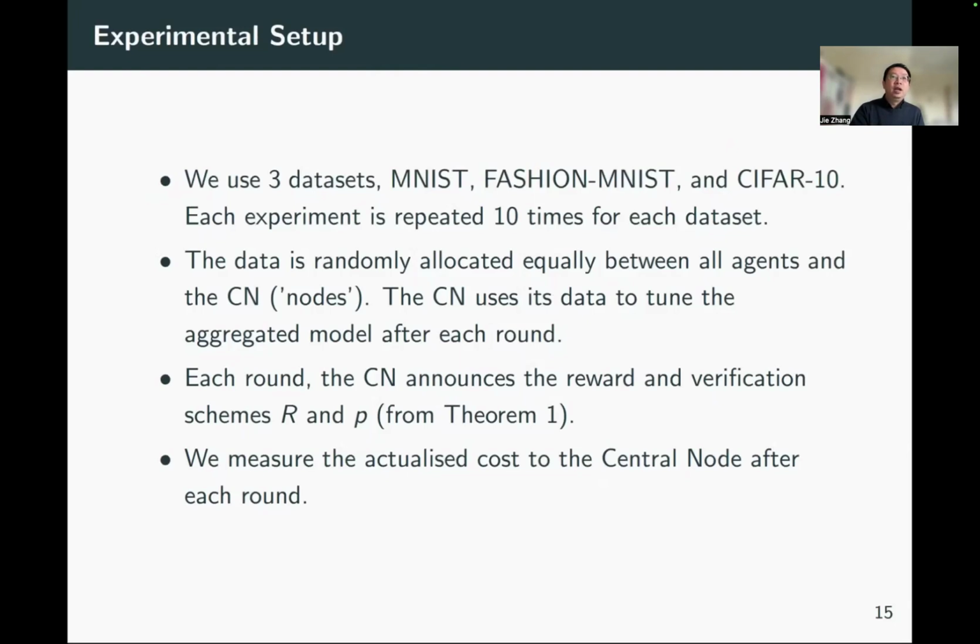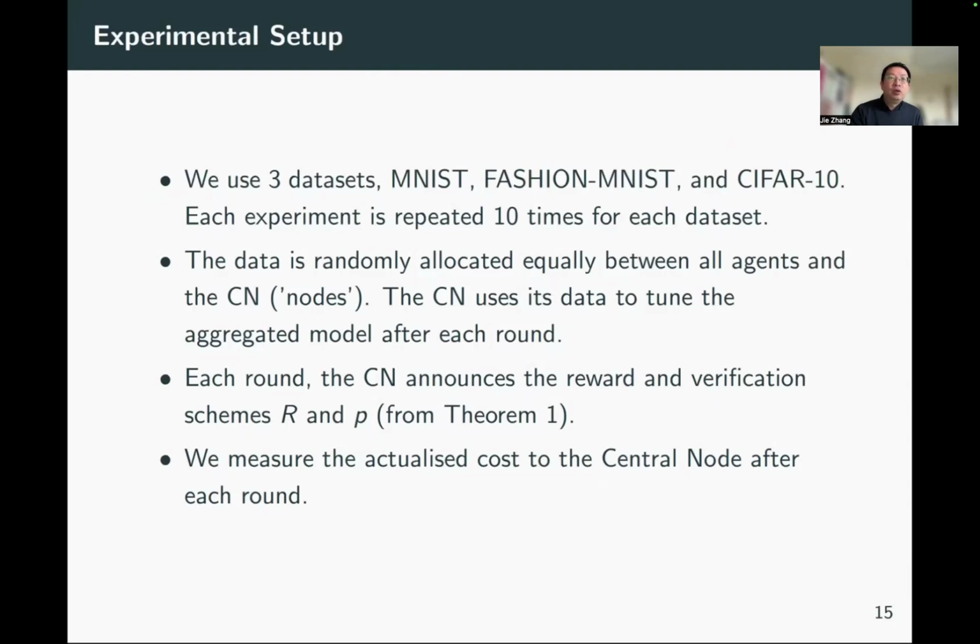So after it has aggregated the model, the central node will train the aggregated model just to tune it a little bit. The central node will announce the reward and the verification scheme, as we described earlier. Then each agent will decide whether or not it wants to join in.